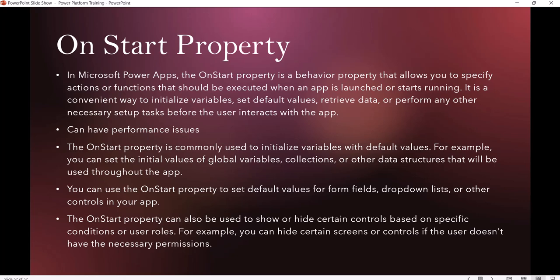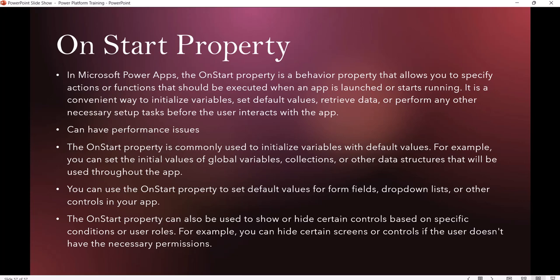Now, the first thing, as I said, is that you want to initialize a variable. Let's say you want to select the default country as, say, XYZ, and you can have that in the app OnStart property. In the same way, you can set up global variables and collections. Also, where you want some binding, some drop-down or form fields, you want to set default values.